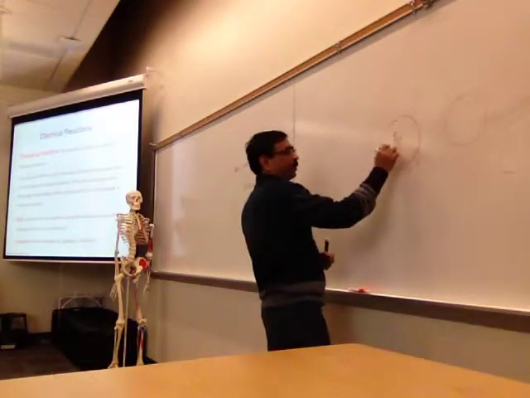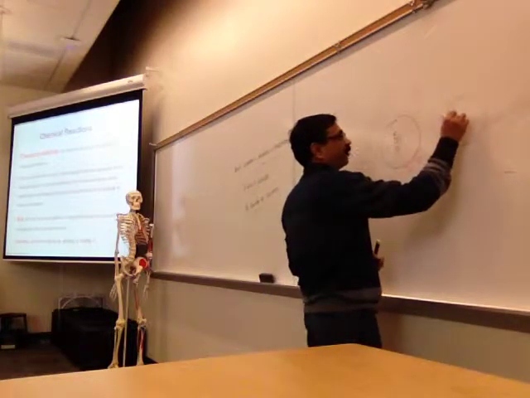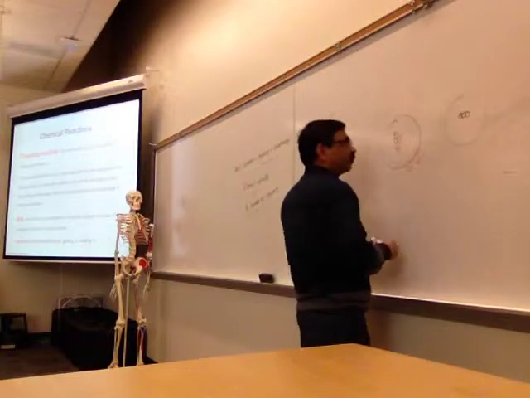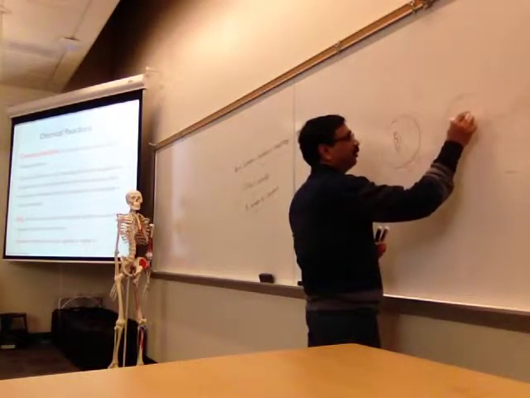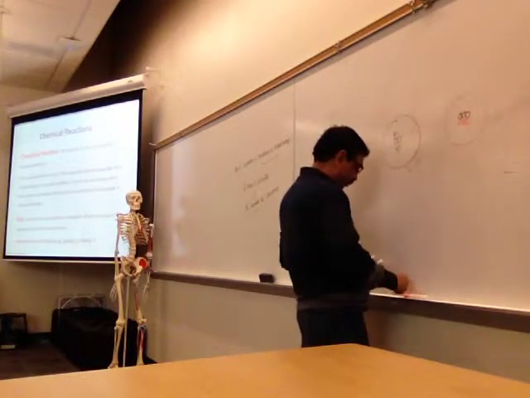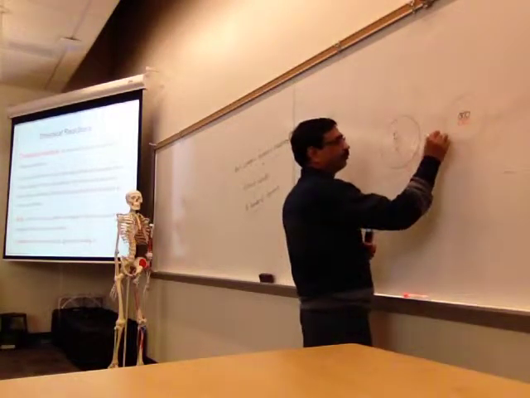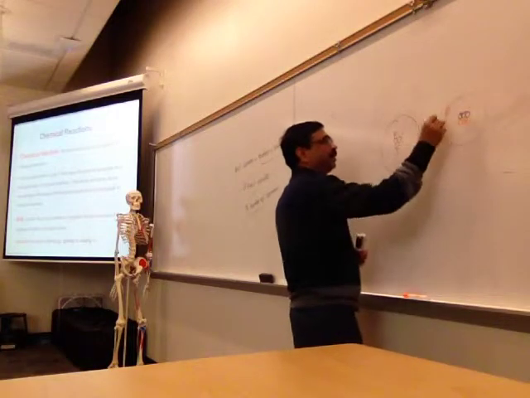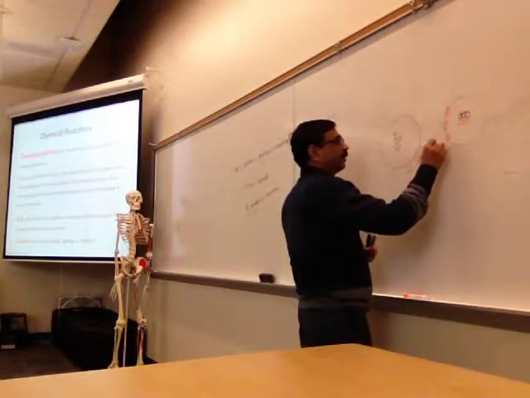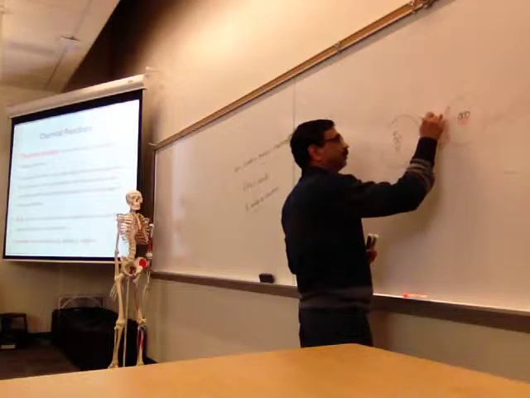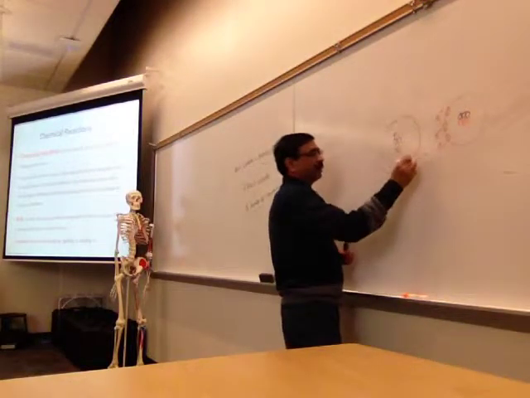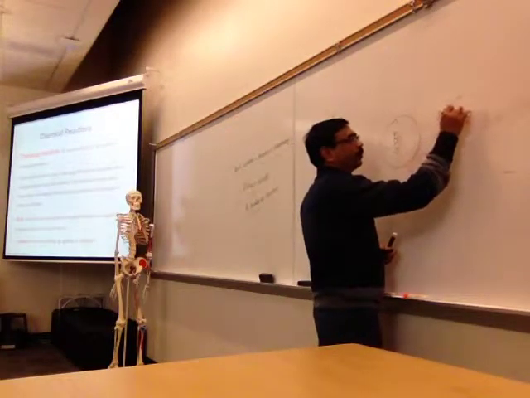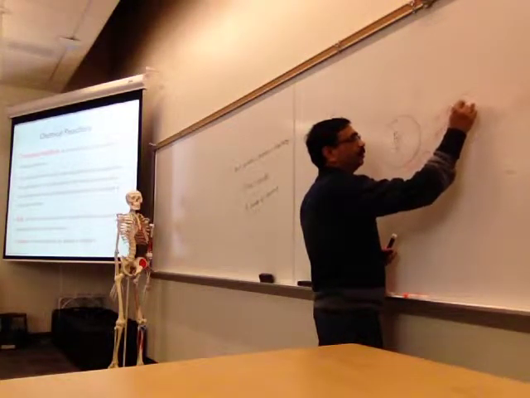This one has two protons, two neutrons, two electrons. This one has, for example, three protons, three neutrons, and should have three electrons. These are negative electrons, 1, 2, 3. This one has two electrons, and these are protons, positive, 1, 2, 3.